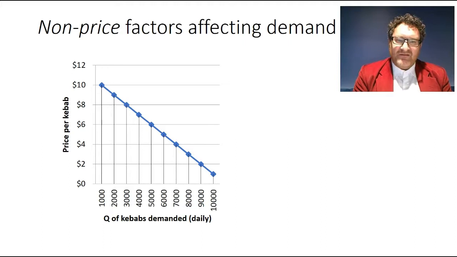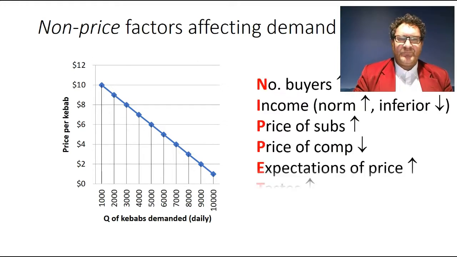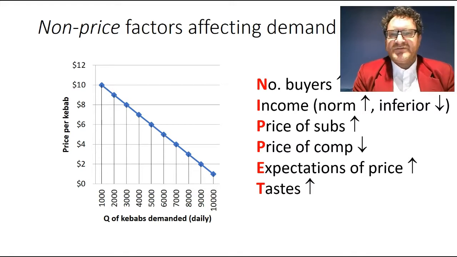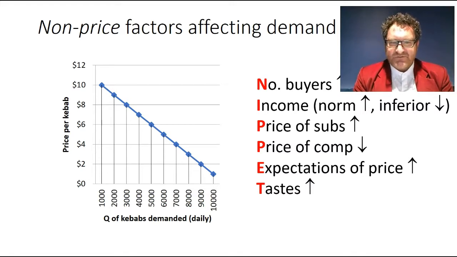And we generally assume they're independent of the price of the product that we're looking at, so the price of kebabs. So how do we represent these additional factors? Well, if we increase the number of buyers in the marketplace, then presumably, no matter what the price of kebabs was, there would be greater quantity demanded of kebabs.